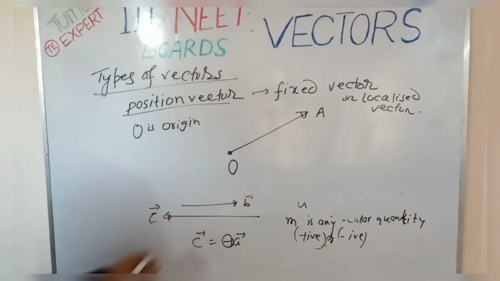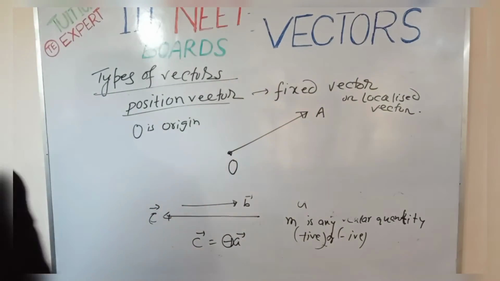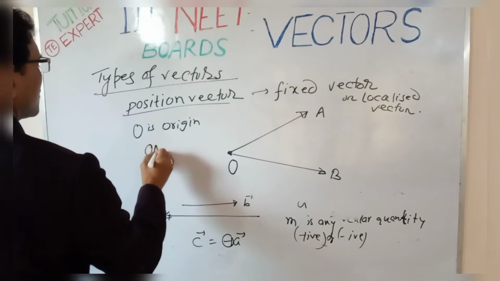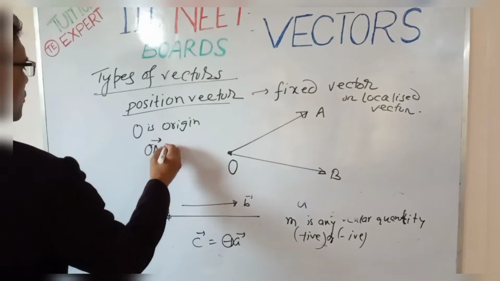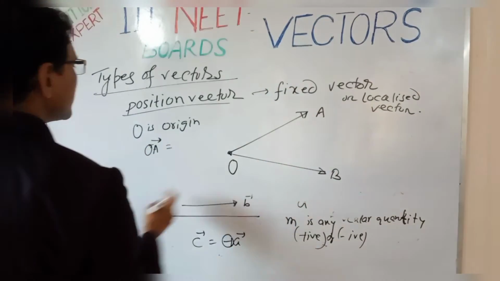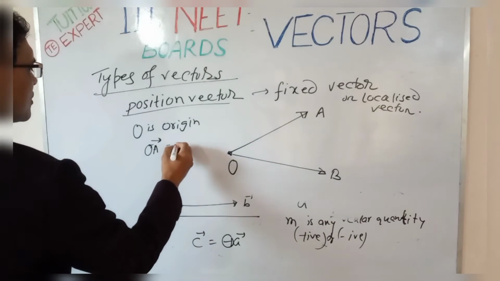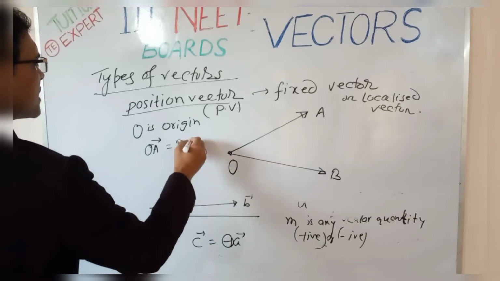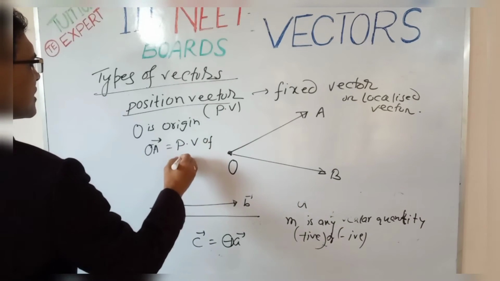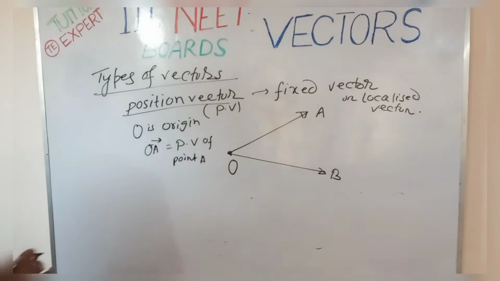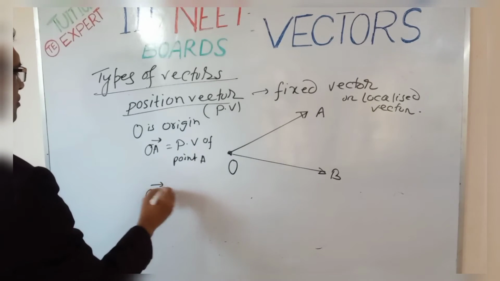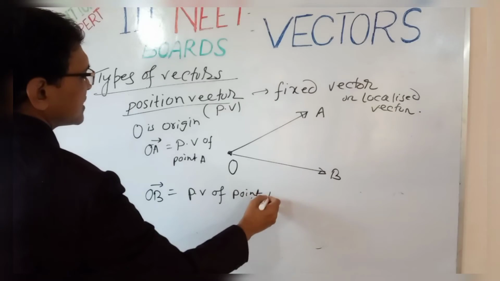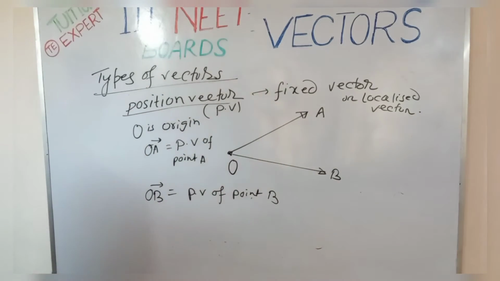In a position vector, one point is fixed, the origin. OA vector, where O is origin, is called the position vector, PV, of point A. Similarly, OB is the position vector of point B. That is, the initial point is fixed.